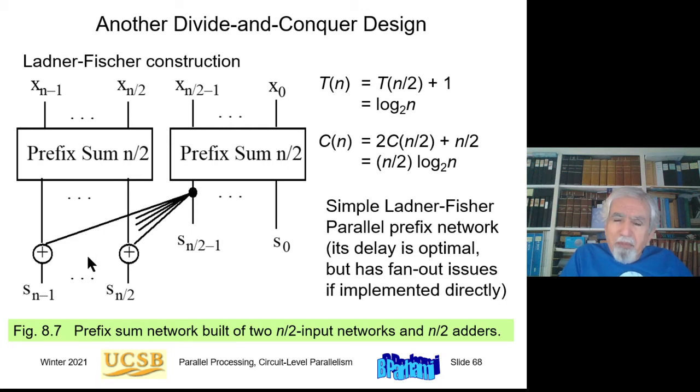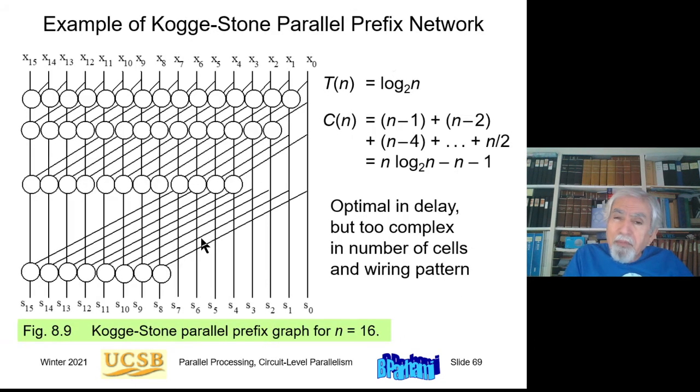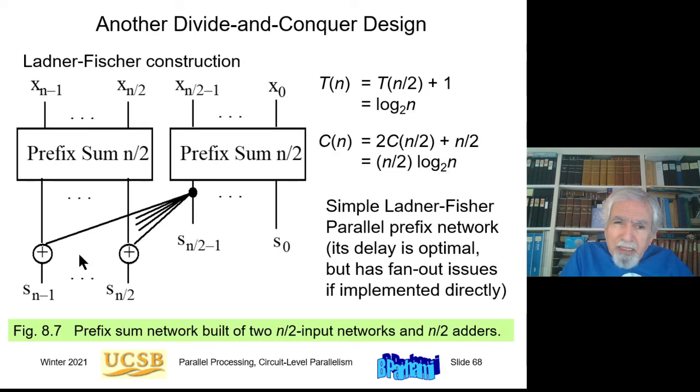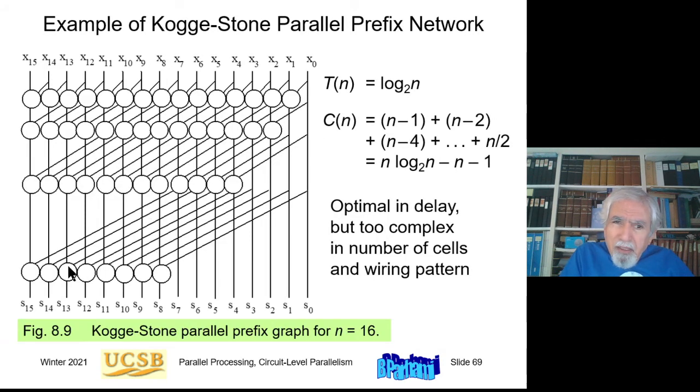Besides, this is not practical, and therefore I need to modify the design anyway. So this is basically the Kogge-Stone network that doesn't have a fan-out problem. I leave it up to you to work out the details: instead of one signal being broadcast to all of these upper half results, these get different signals from different nodes there.